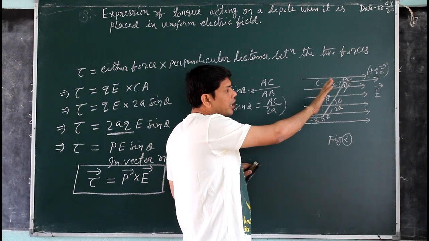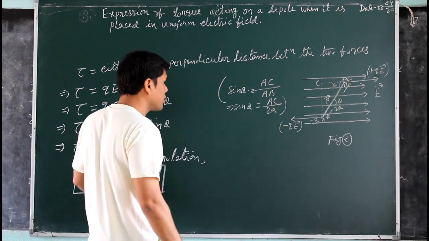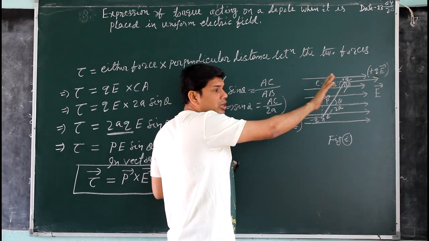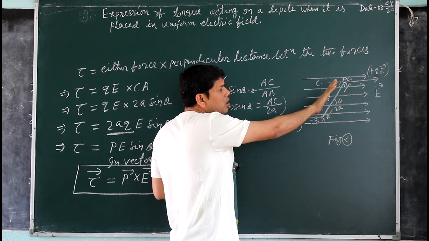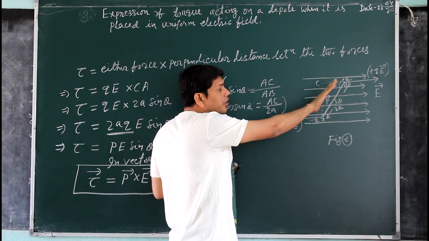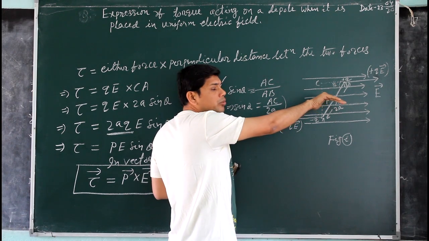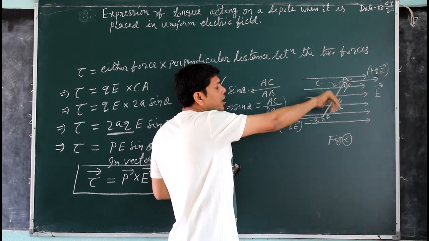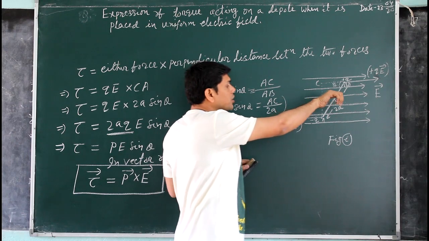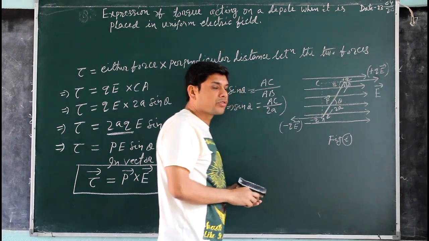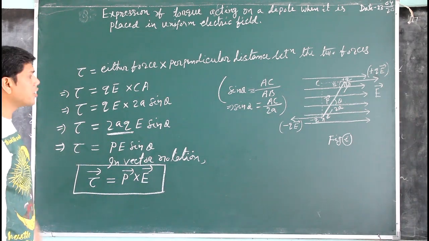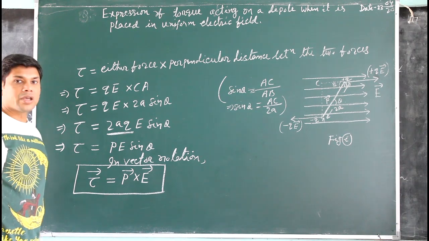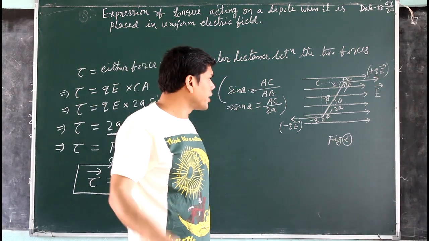Stretch all your fingers along the direction of the first vector, here the P vector. Now curl your fingers along the direction of the second vector, E. Then the thumb gives the direction of the resultant vector, here torque. So the direction of the thumb is into the board. So the direction of the torque in this case, figure 1, is into the board. In this way we can find the direction of the torque.